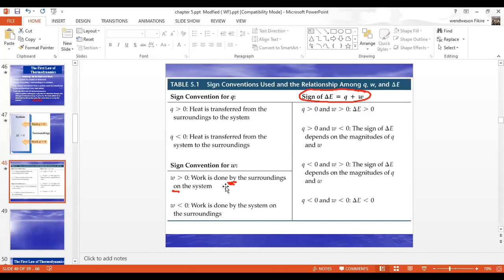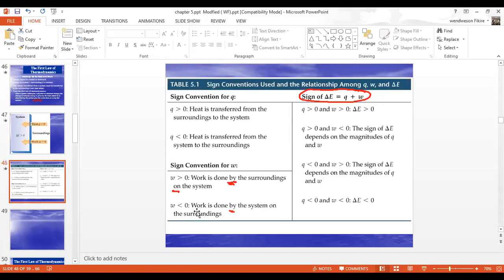Over here, the value of work would be negative, less than 0, because work is done by the system on the surroundings. So the prepositions by and on are a significant part. If work is done by the system, the value of W would be less than 0 because the system is losing energy, whereas the surroundings are gaining energy.